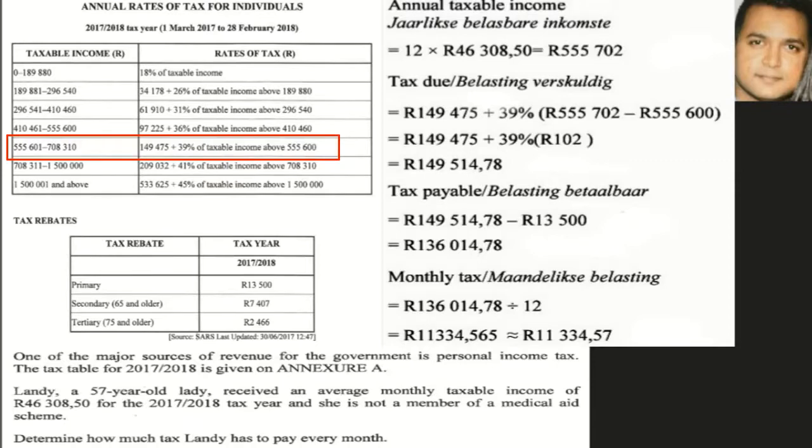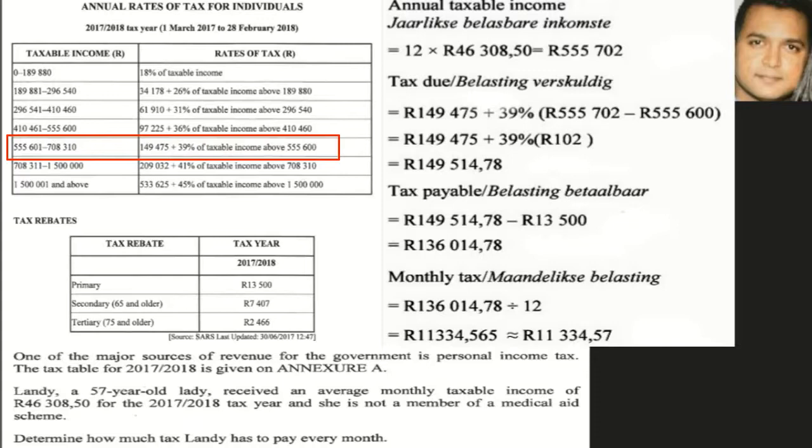In this case, 13,500 rand is subtracted and we arrive at 136,014.78. Remember, when we're giving rebates, even if the person is, for example, 90 years old, we not only have to give them the tertiary, we have to give them the tertiary, the secondary and the primary, and that's how it works.